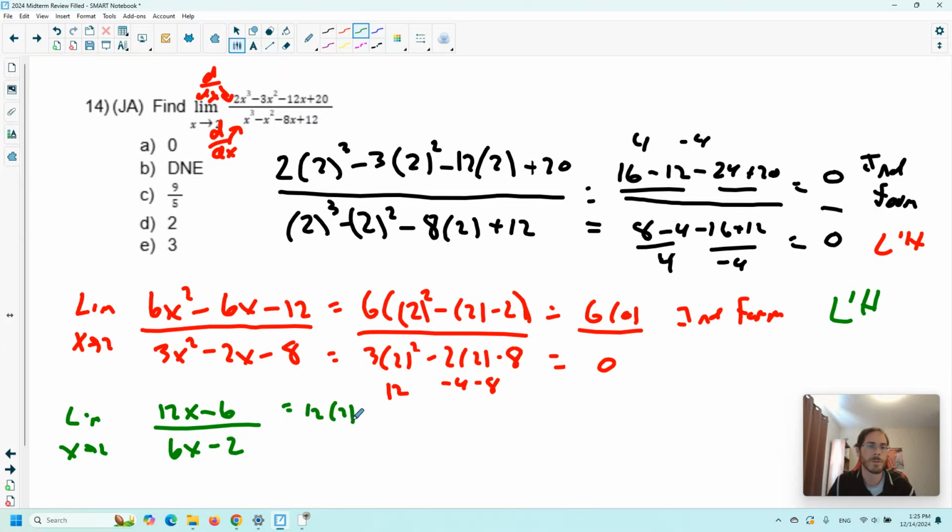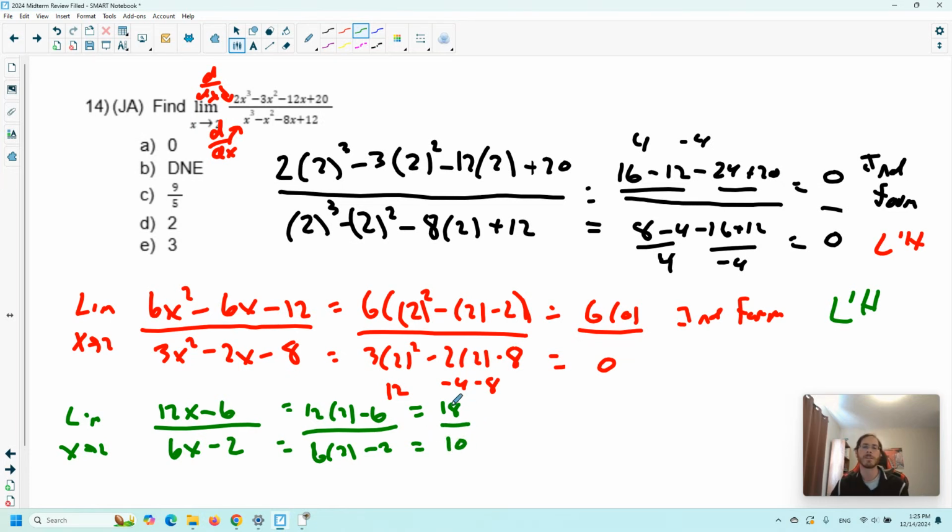So 12 times 2 minus 6, and I've got 6 times 2 minus 2. I don't need a parentheses on that 2. So this is going to give us 24 minus 6 is 18, and 12 minus 2 is 10.